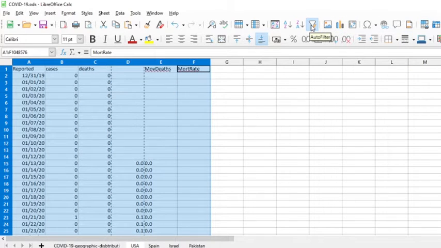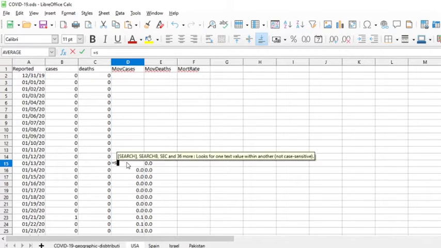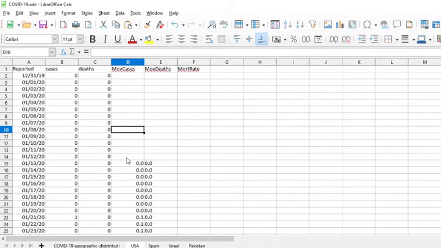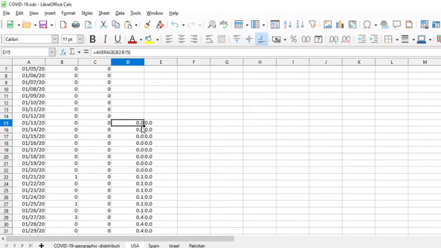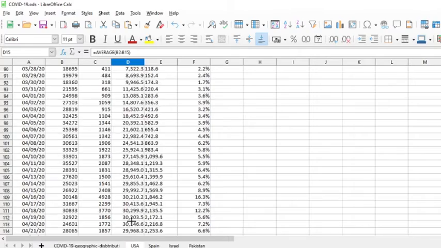Okay. So we'll come back down here. I'm going to do this. Do this. Okay. Now I'll come back down here, and I'm going to drag this down. Drag it all the way to the bottom.